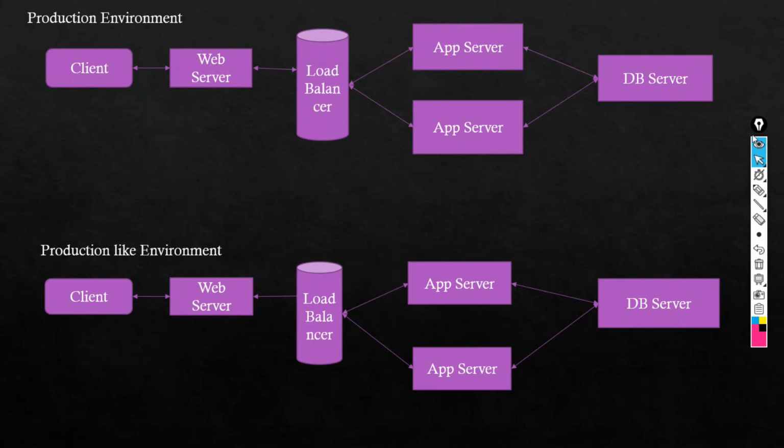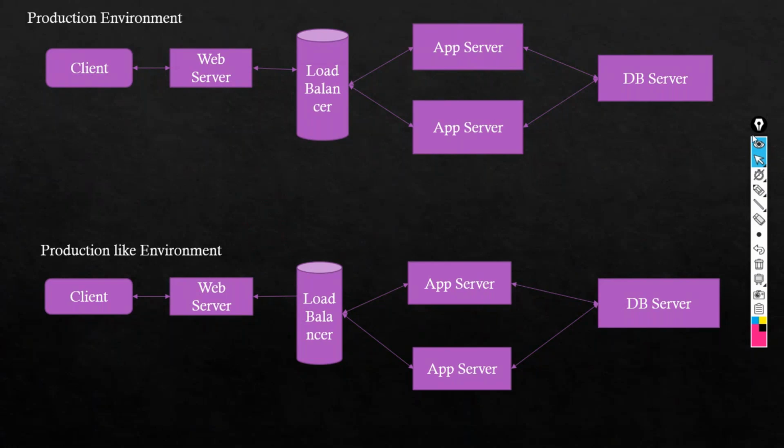However, in some scenarios, your client might not be in a position to give you an apple to apple comparison of infrastructure. So let's say in production, you have 32 GB RAM. Maybe in the performance testing environment, due to budget issues and all that stuff, they might give you only 16 GB RAM. So no need to worry in that case.